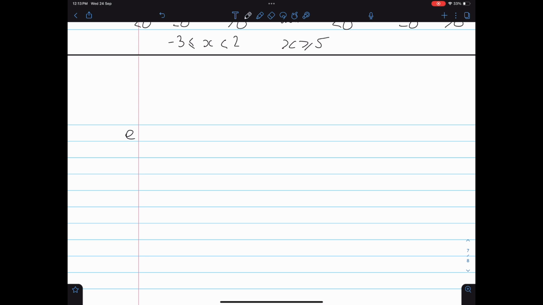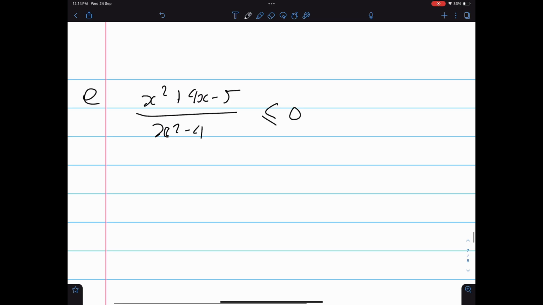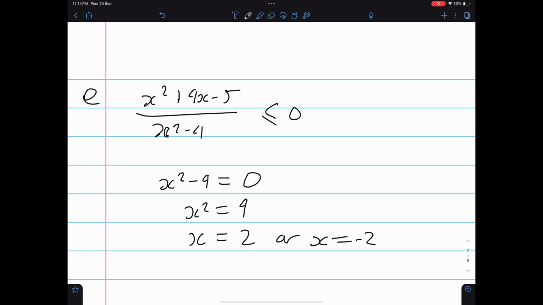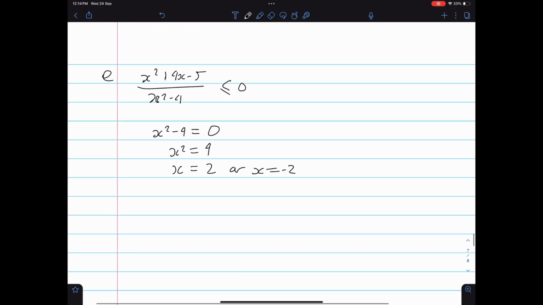E. x squared plus 4x minus 5 over x squared minus 4 is less than or equal to 0. Again, I keep saying this, we need to find the vertical asymptotes first. We actually have two vertical asymptotes here.